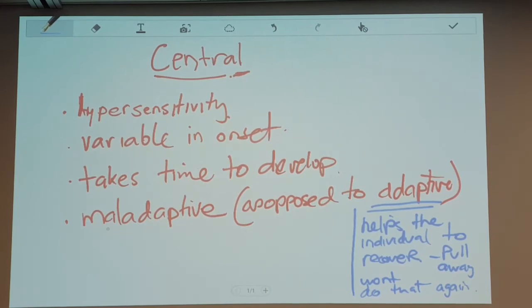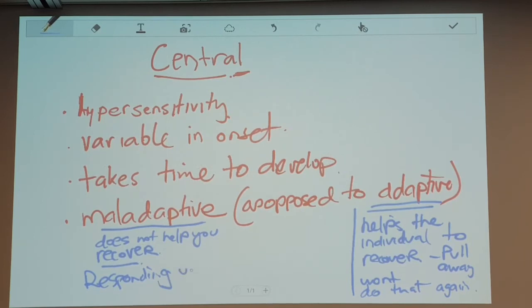Whereas maladaptive, it does not help. It does not help you recover. So someone who is centralized with their pain is responding unhelpfully towards recovery.